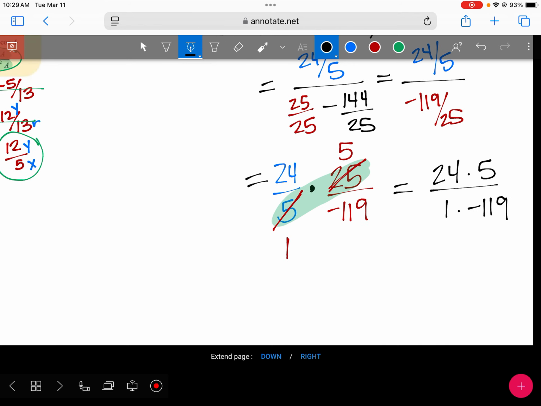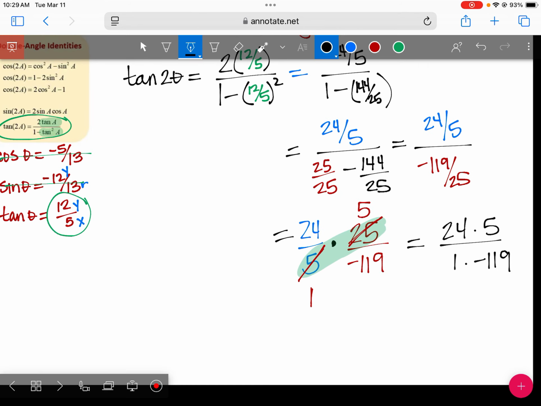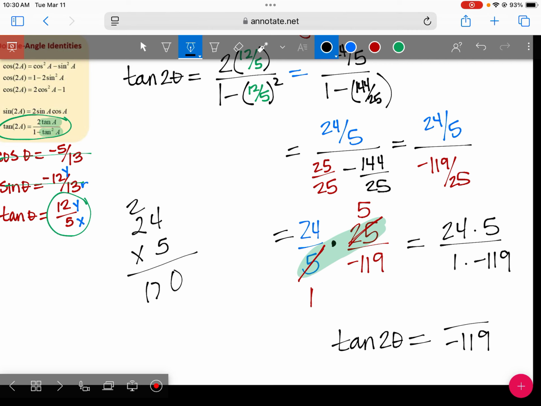So off to the side, take the 24 times 5 and see what you get. We know that 4 times 5 is 20. Add the 2.